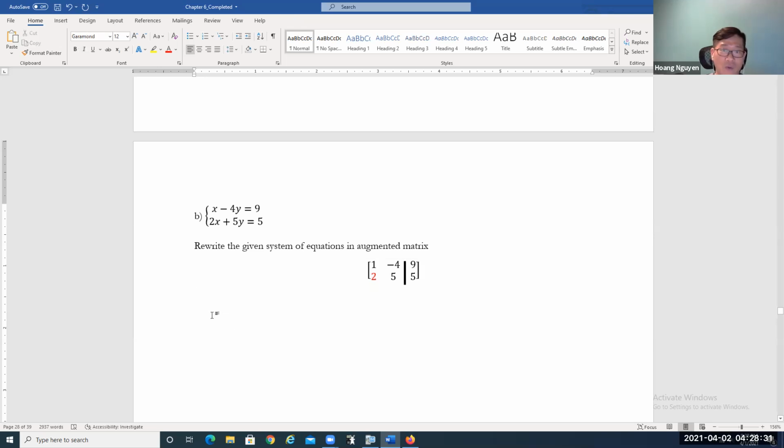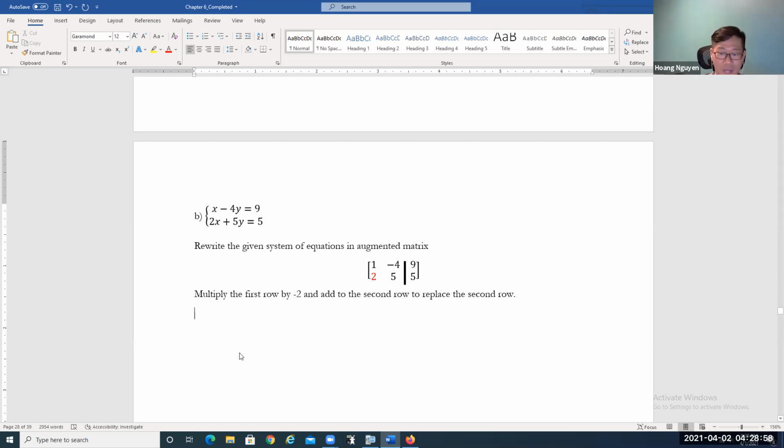Okay, so I will multiply the first row by -2 and add it to the second row to replace the second row. Okay, so I have to indicate which row I will replace.